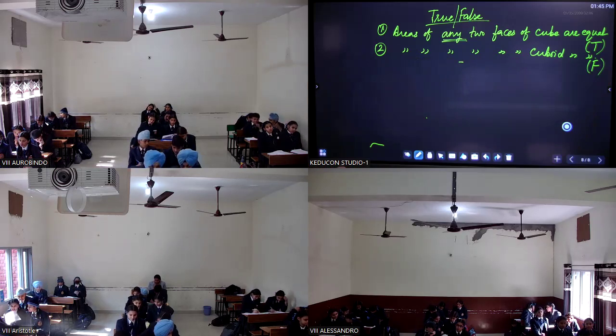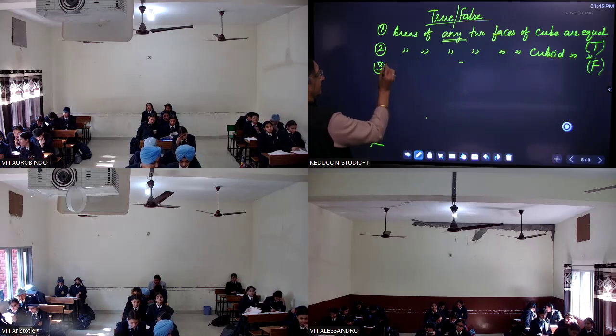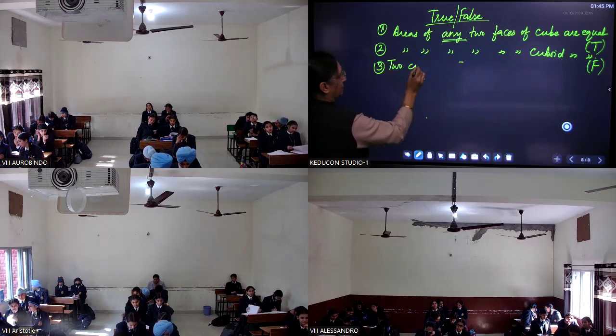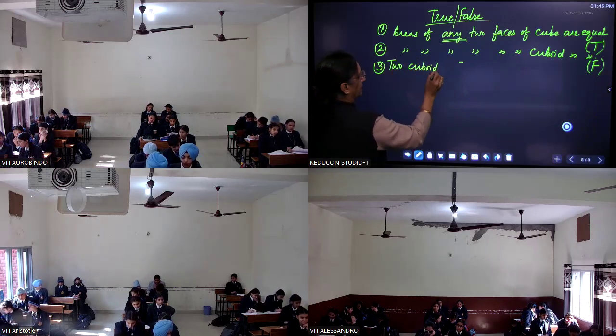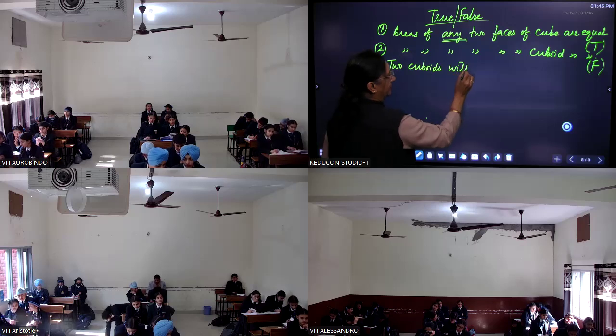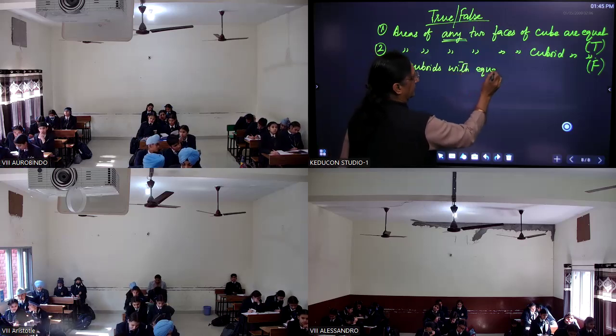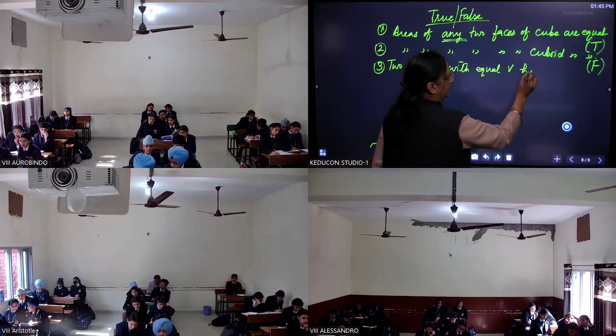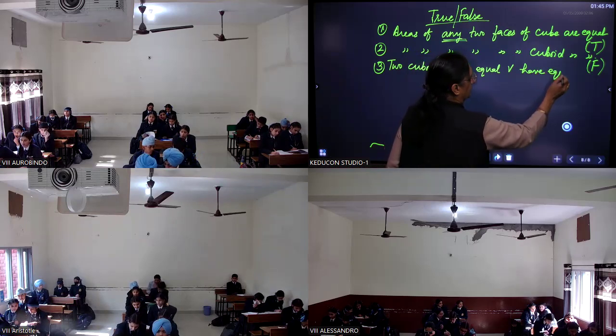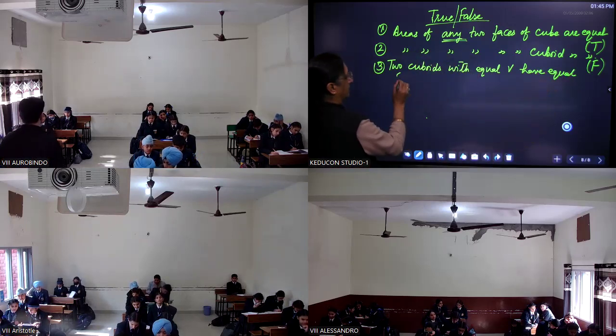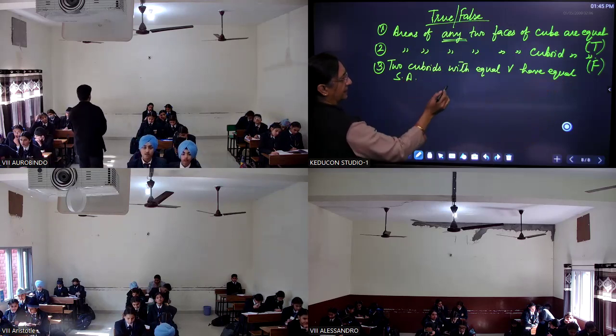Two cuboids with equal volume have equal surface area. Is it true?